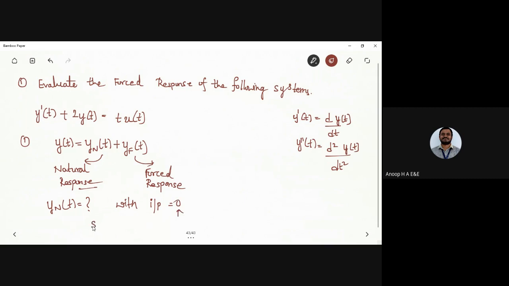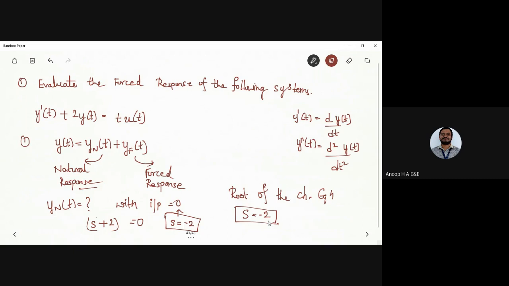So what I can do here, I can have s plus 2 equal to 0, and I have s equal to minus 2. So I have the root of the characteristic equation as s equal to minus 2.